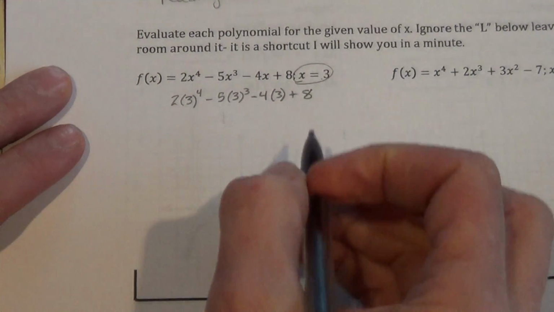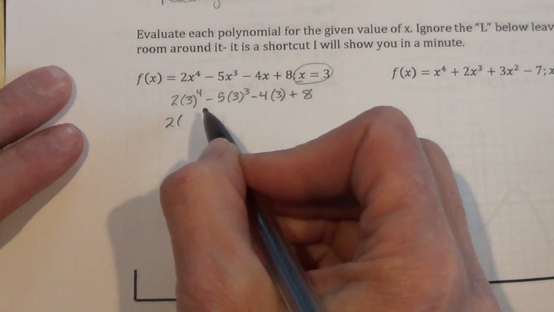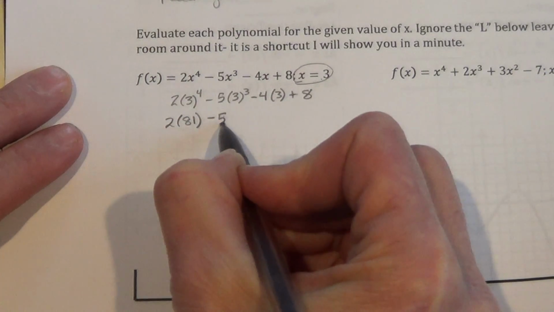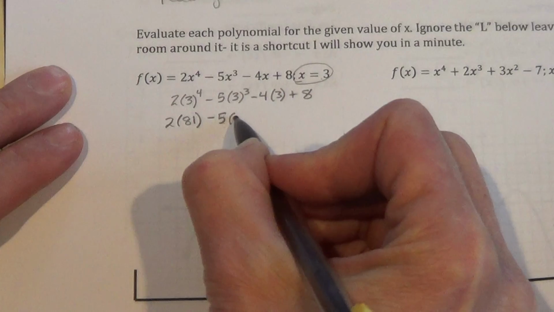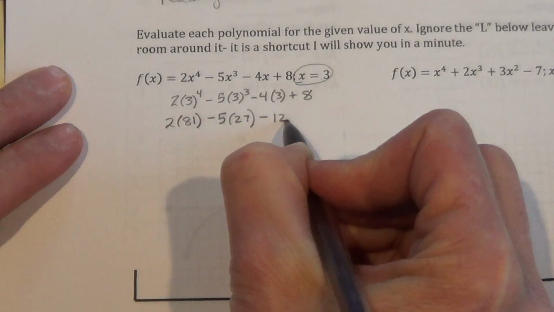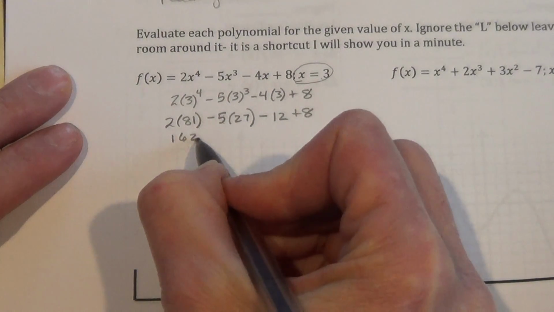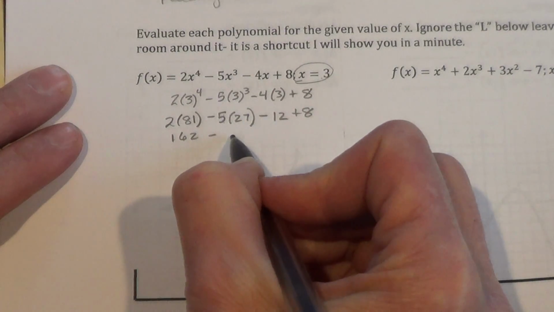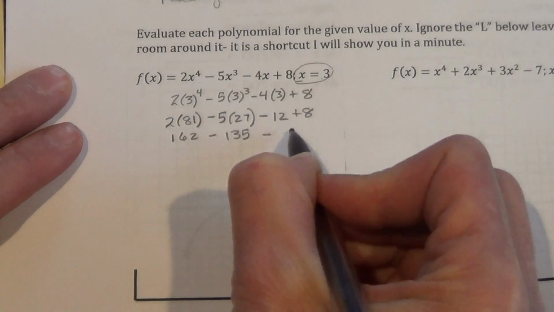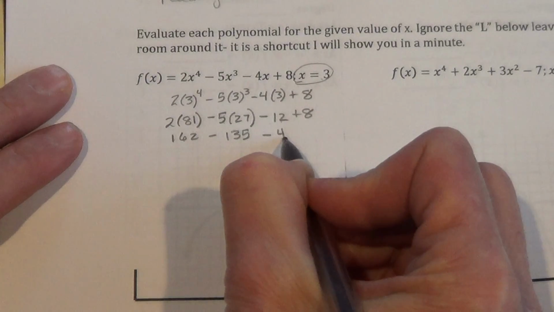Okay. Next step, we would take 2 times 3 to the 4th power, which would be 81, minus 5 times 3 to the 3rd power, which would be 27, minus 4 times 3 is 12, plus 8. 2 times 81 is 162, minus 5 times 27 is 135, minus 12, negative 12 and a positive 8 would be negative 4.